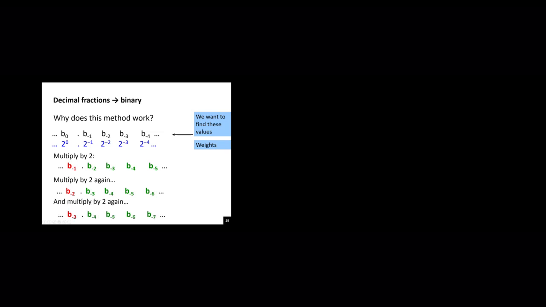Then we multiply by 2 again and again, shifting each time so that the part we're interested in becomes the integer column where we read it off. So that's why it works. You're welcome to use this method. If it's easier for you, you're also welcome to use the first method we looked at, which is just to add up the numbers from the specific columns until you get the total that you need.